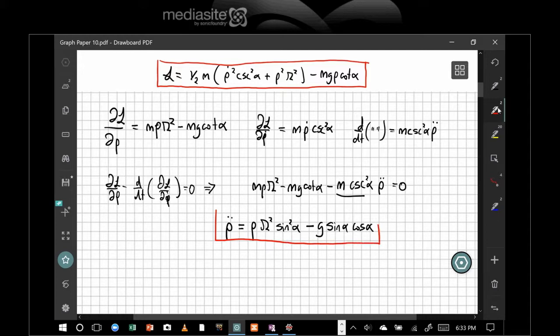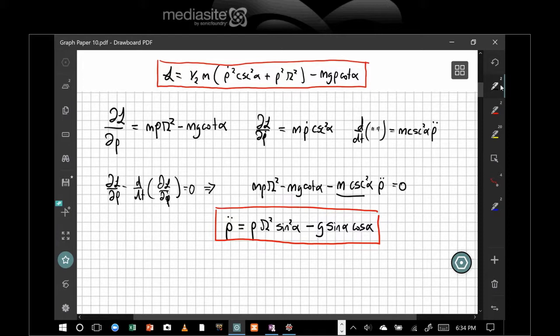Now notice it looks kind of complicated, but it's not really that complicated. It's just rho double dot equaling a constant times rho minus a constant. In fact, let's write out the differential equation on one side.